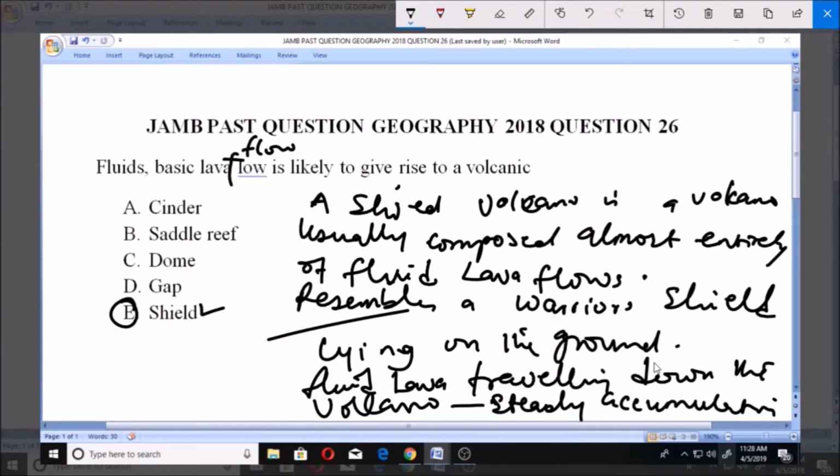When it builds up, it forms a shield that resembles the shield of warriors, and that is why we call it shield volcano, and that is why option E is the right answer for this.